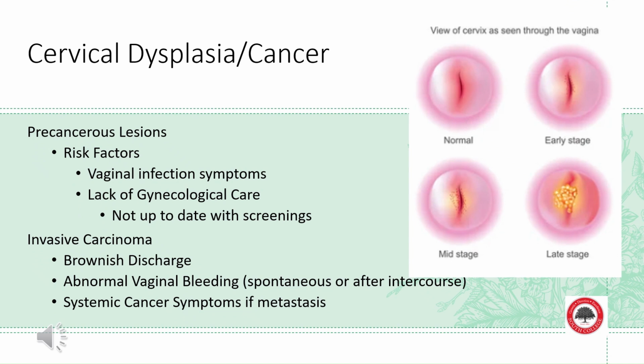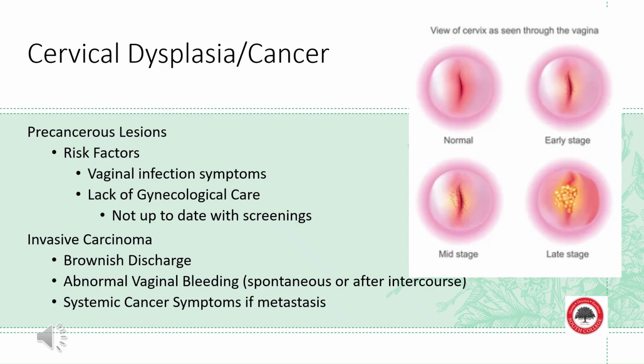Patients with pre-malignant cervical lesions may present with one or more of the following: a history of risk factors associated with the development of cervical cancer, a concurrent vaginal infection with symptoms, no recent gynecological care, and no cervical cytology screening for a long period of time.